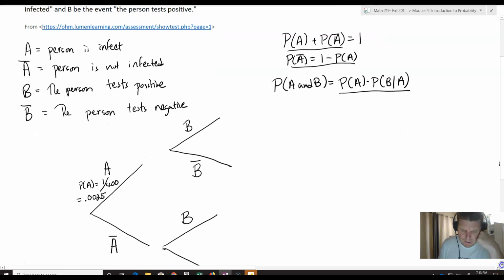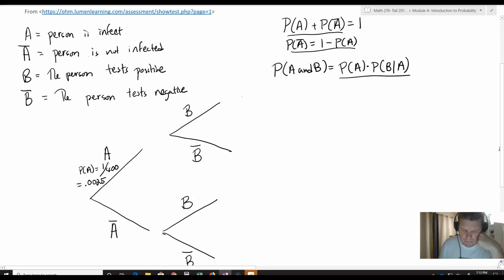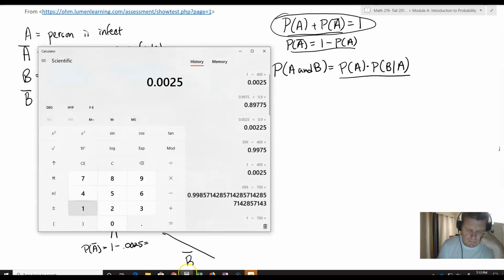Now, the probability of A complement is going to equal 1 minus 0.0025, because of this rule over here. Remember that? These two are complements of each other, so that probability is just going to equal the complement. So we have 1 minus 0.0025 equals 0.9975.